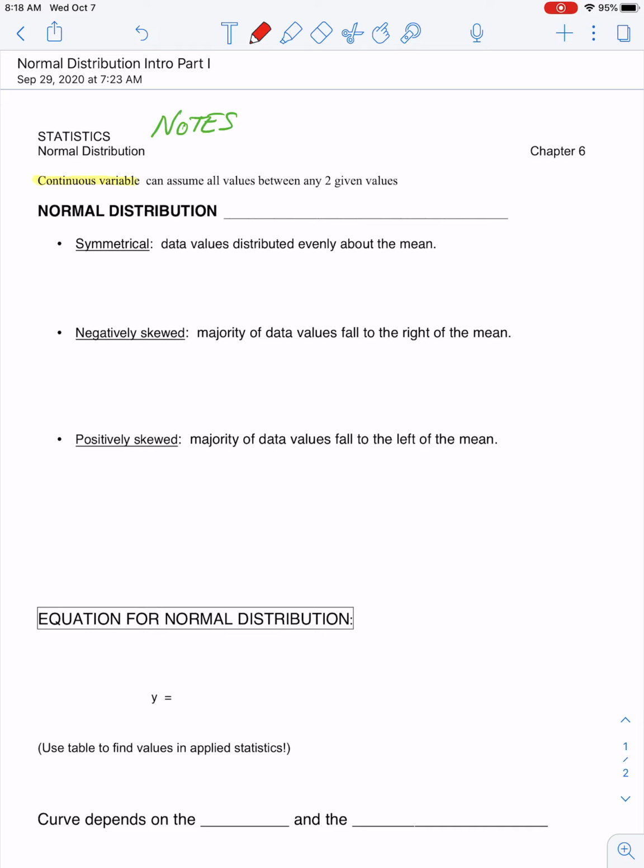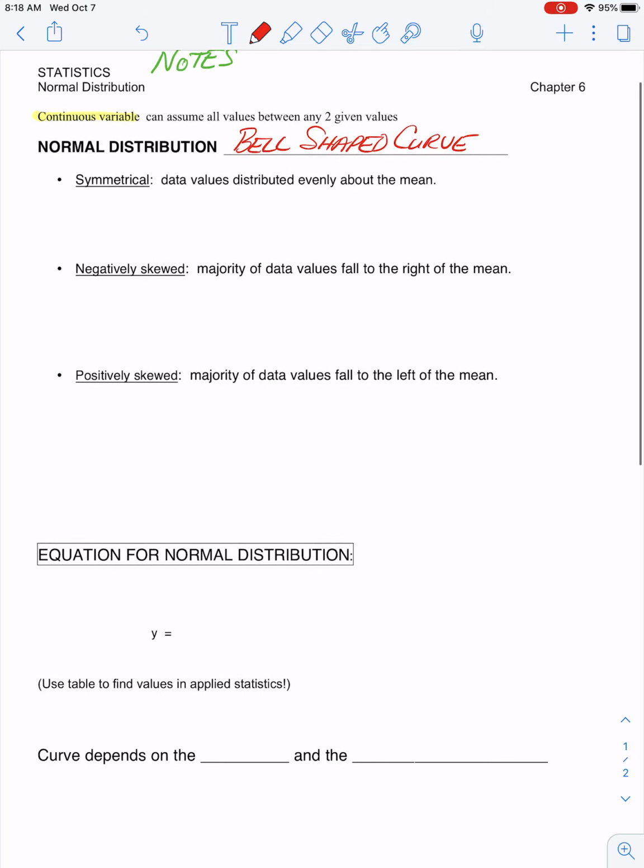Okay, so a normal distribution, when this all applies, is if you have a bell-shaped curve. So if you think about the different shapes that we've had of our distributions as we've studied data so far this year, I'm going to put over here, symmetrical is what we're going to call normal.